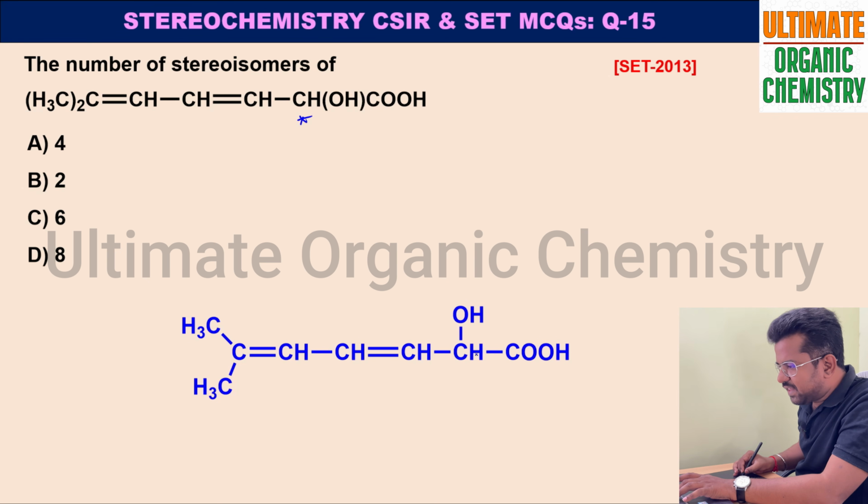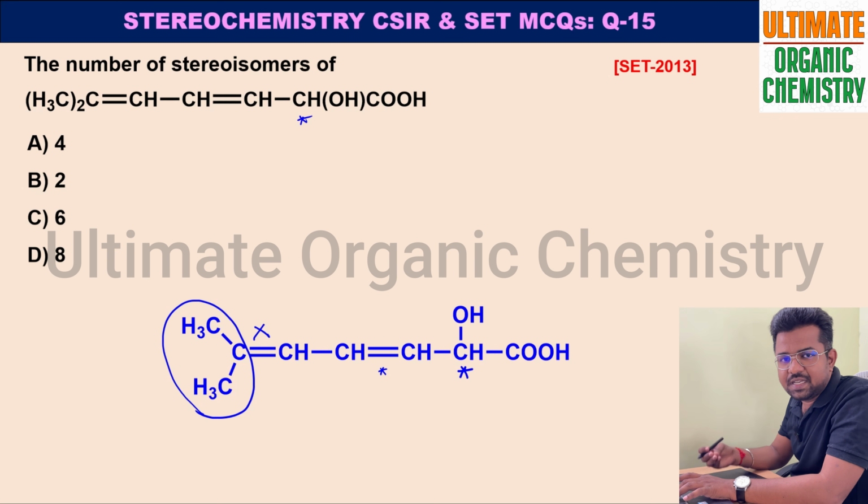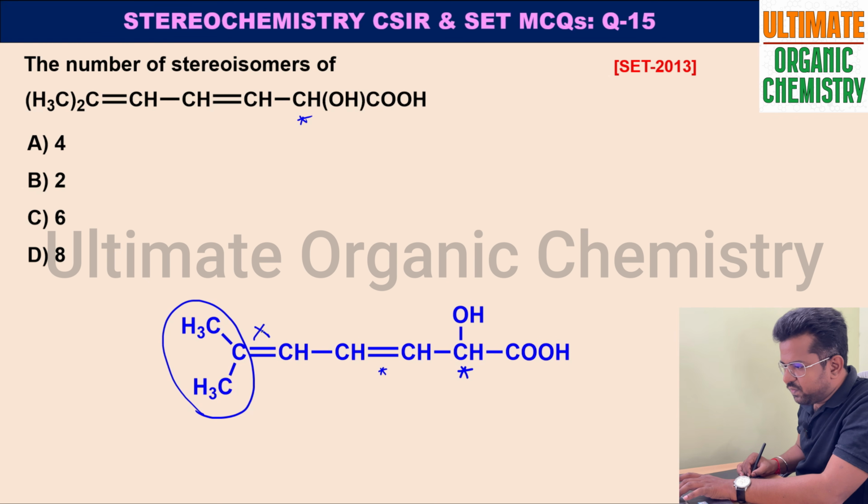So this carbon is a chiral carbon, and this double bond is also considered as a stereo center. But this other double bond should not be considered as a stereo center, because this double bond has both methyl groups which are same. So this double bond cannot produce geometrical isomerism. So we cannot consider this double bond as a stereo center.